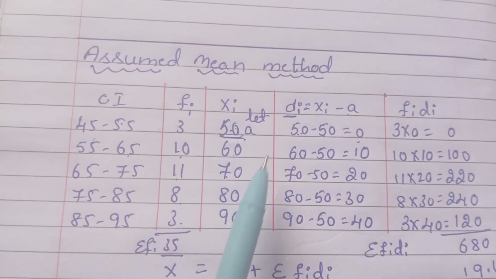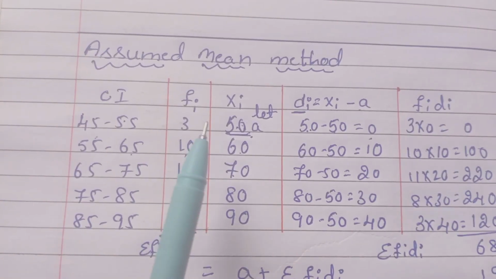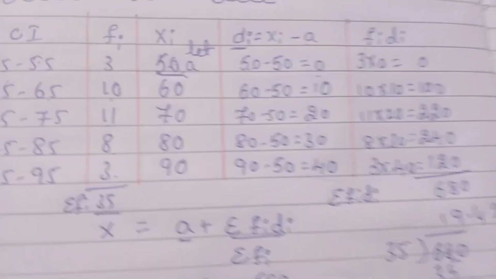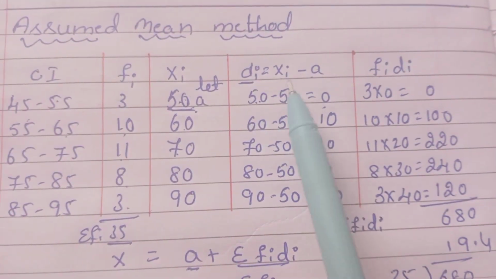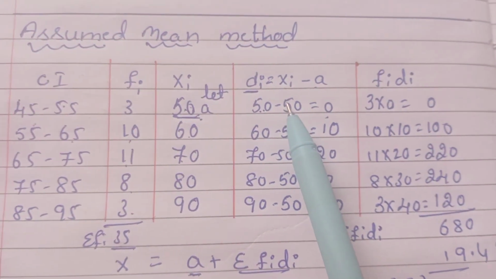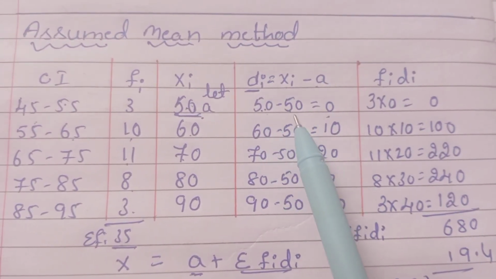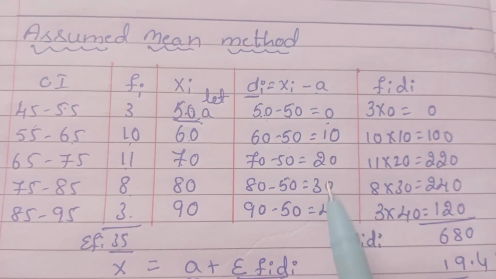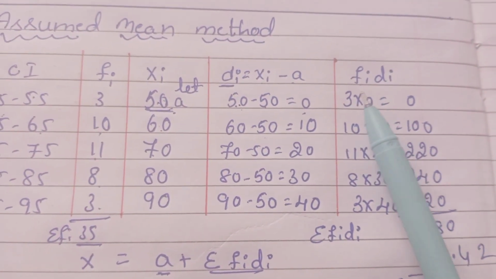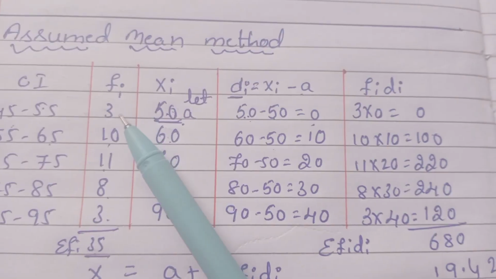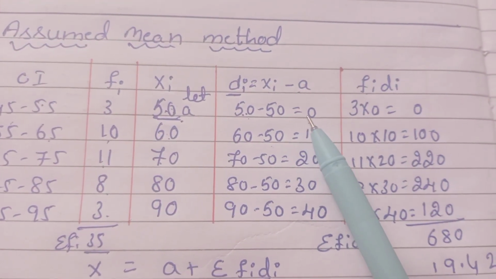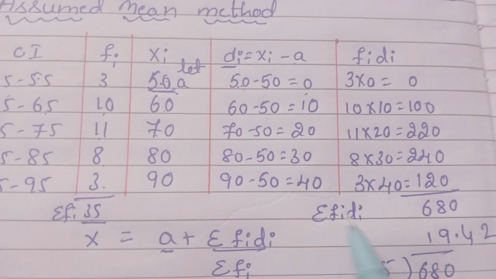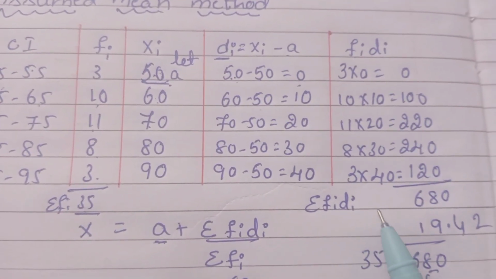First we should find the midpoint, average of class interval. Next, in assumed mean method, take any one number as a. Then di, deviation, is xi minus a. 50 minus 50, 0. 60 minus 50, 10. 70 minus 50, 20. Next step is Fi Di. Fi is frequency, 3 into 0, 0, 10 into 10, 100. Add these and we get sigma Fi Di.